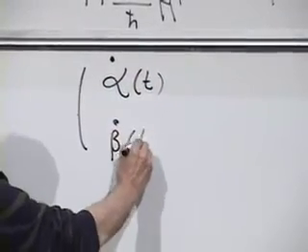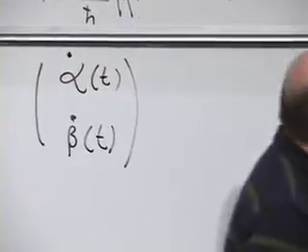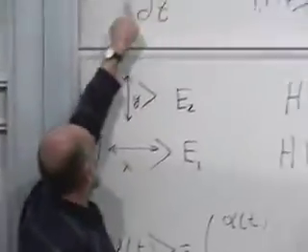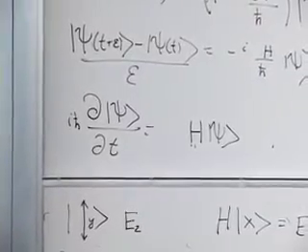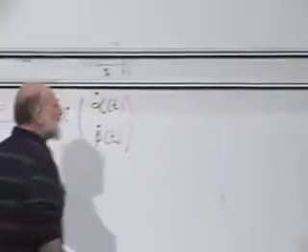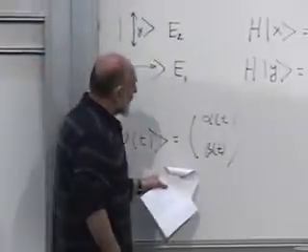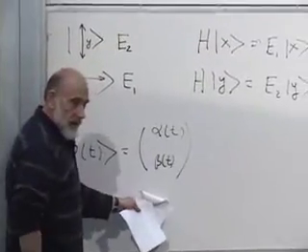Dot indicates time derivative as usual. That's d psi by dt. Let's multiply it by i, not by h bar. h bar was set equal to 1, so let's multiply it by i. And what does that equal? That equals the Hamiltonian acting on psi.